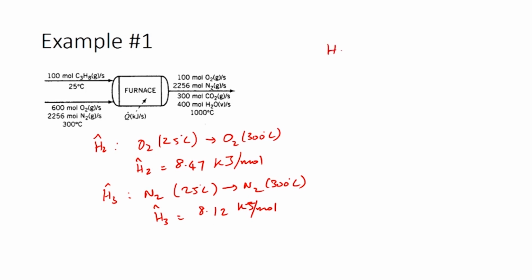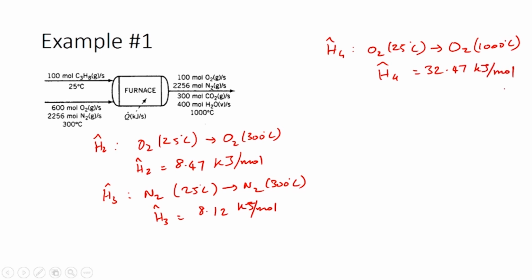So, H4 cap is oxygen from reference state which is 25 degrees Celsius going to oxygen at outlet condition which is 1000 degrees Celsius. So, what you have here is H4 cap which would be equal to 32.47 kilojoules per mole.